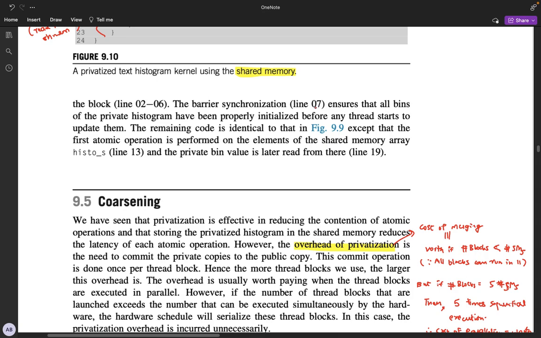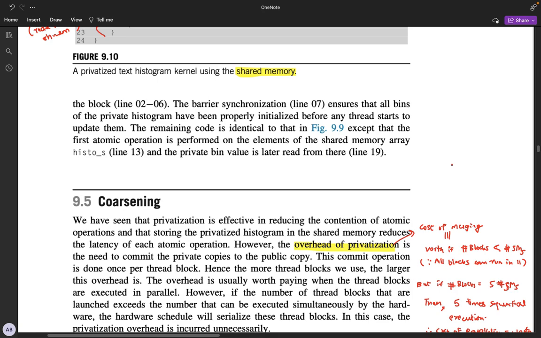So we do not get a benefit from using GPUs, right? Whenever we use GPUs, there's a cost of parallelization, where we have to launch thread blocks and do the computation in parallel. This cost of parallelization is generally overshadowed by the parallel execution. If all the blocks could be executed at once, then it would have been worth it.